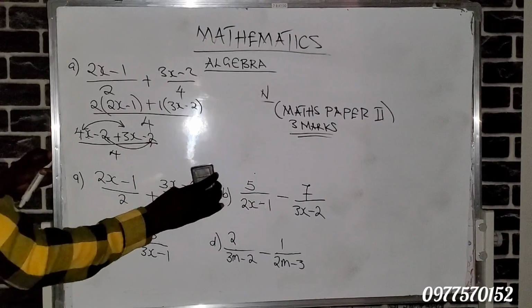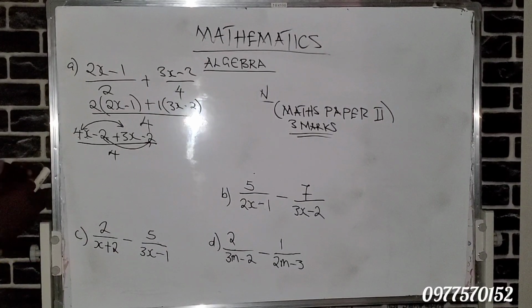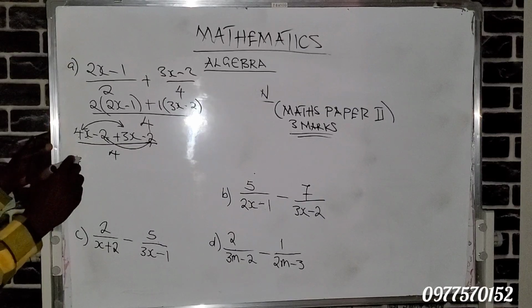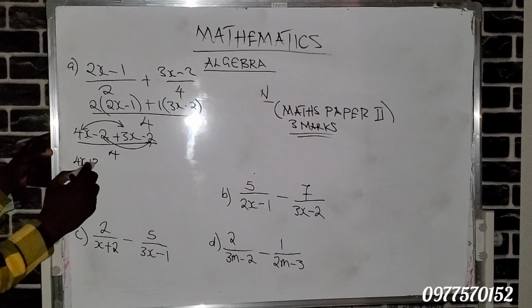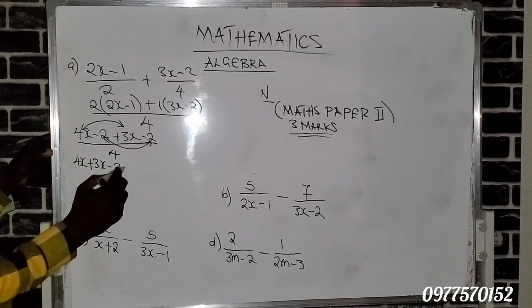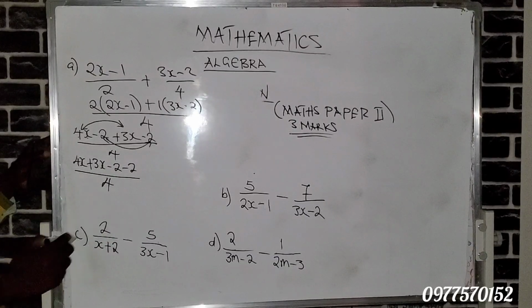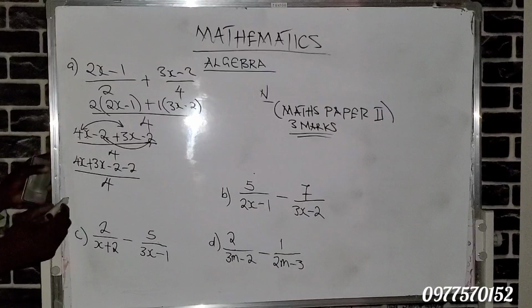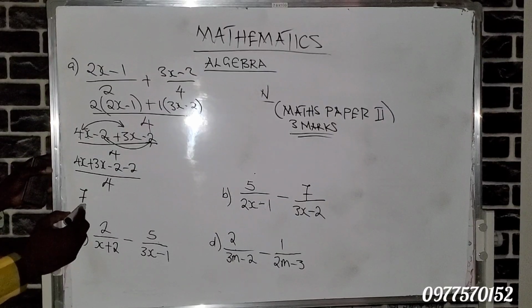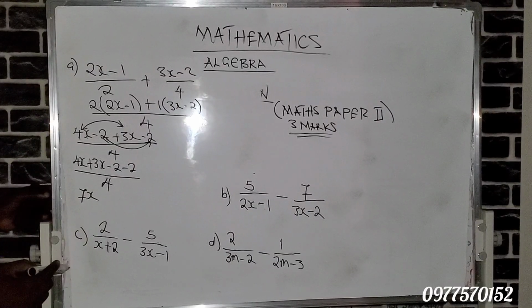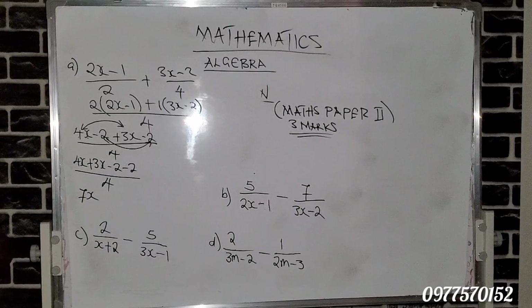Okay. This is the one we are solving. So here we're going to write 4x plus 3x minus 2 over 4. What is 4 plus 3? 7x, you are right. What is negative 2 minus 2?